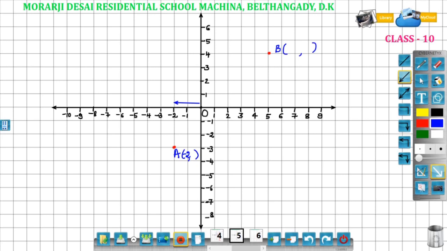Distance along the y-axis is 3 units. It is on the negative side of y-axis, so coordinate is minus 3. So coordinate is minus 3.